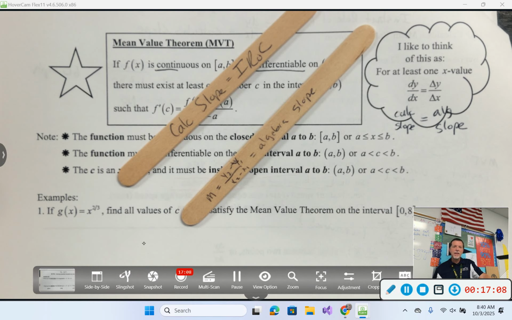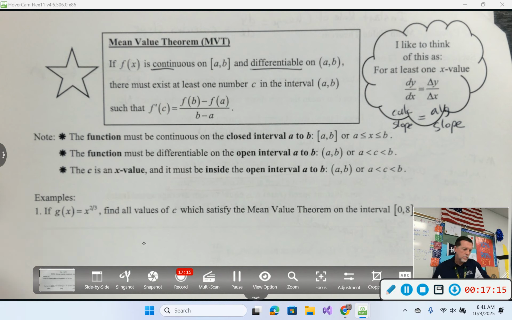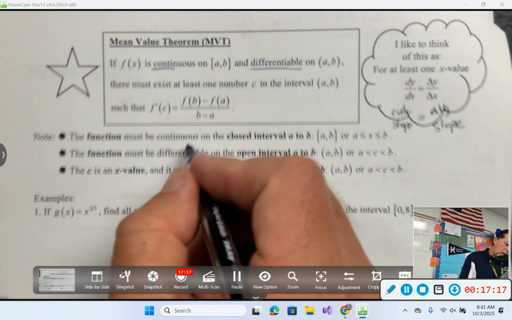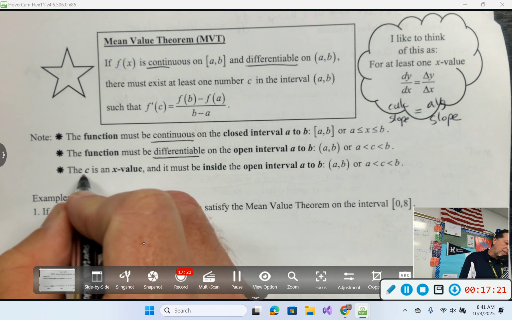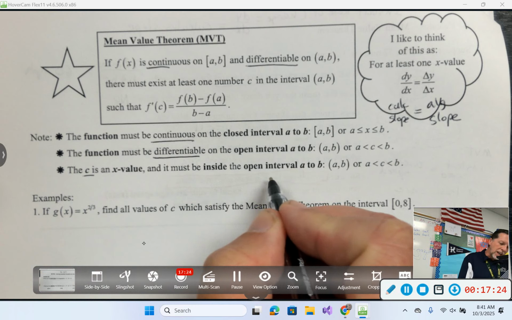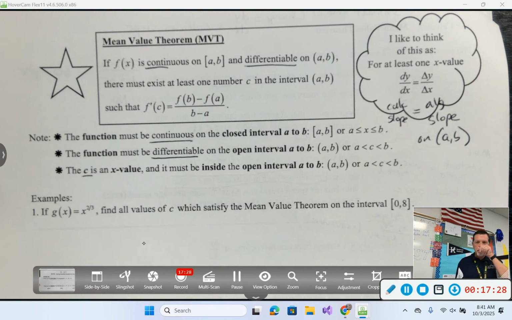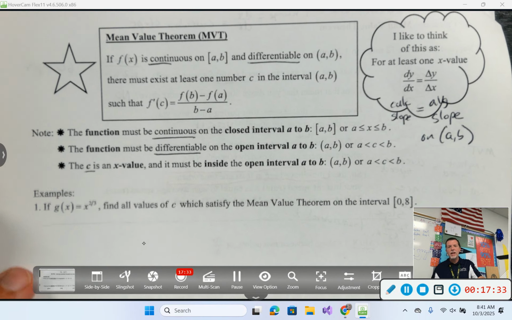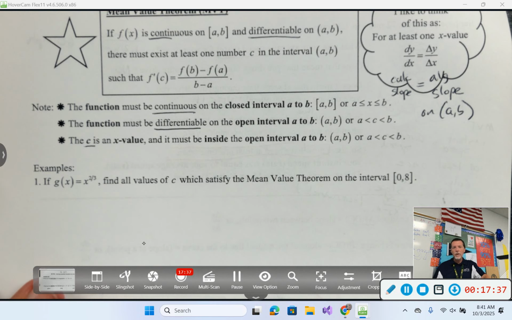Somewhere, my tangent line slope will equal the overall algebra slope. The function must be continuous, must be differentiable, and then c has to be between a and b. We will find c in between a and b. There's at least one spot where the calculus slope equals the algebra slope.